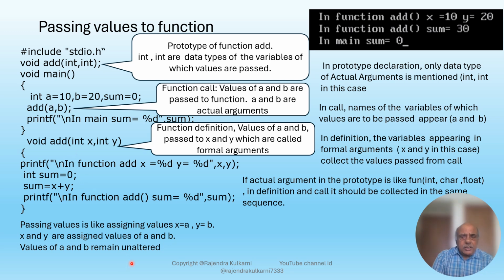So passing values is not like passing the complete variables. These variables of the calling function remain intact, their values remain intact. Only the values contained in those variables are assigned to the variables appearing as formal arguments in the definition of the function.